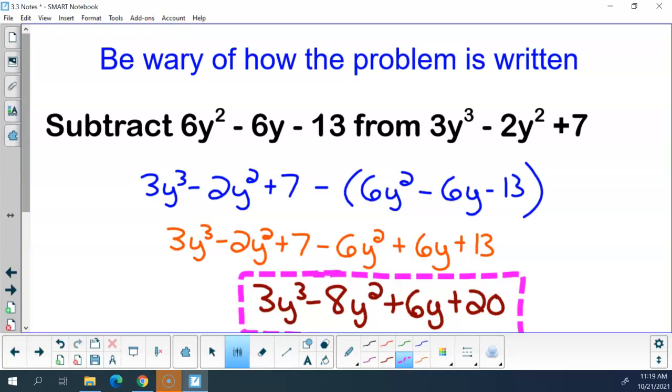Yep. Nope. That's negative 6y. This big negative 6y squared, but positive 6y, yes. Yep. Minus, I don't know where you're getting a minus 2 from. So do you agree with this one?